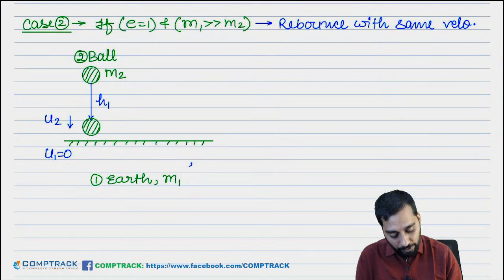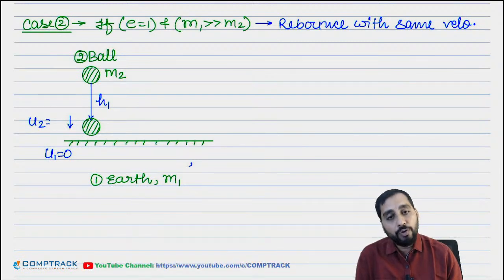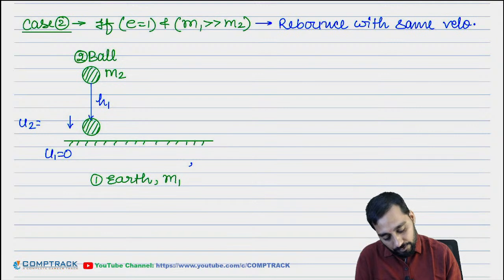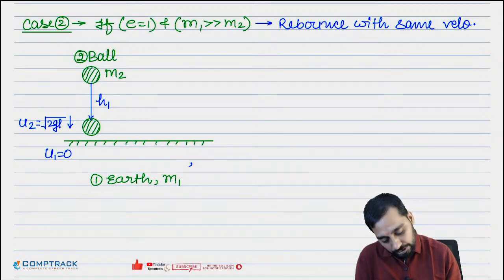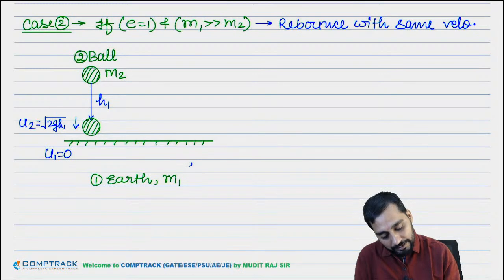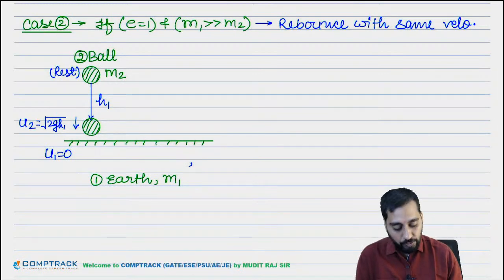And u2 will be how much? It is falling from height h, so it will be root 2gh1. Initially it was released from rest, so u2 will be this much, u1 will be 0.